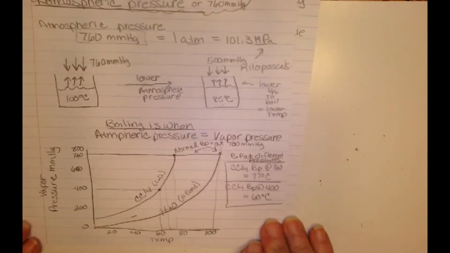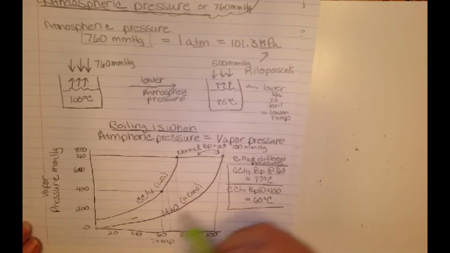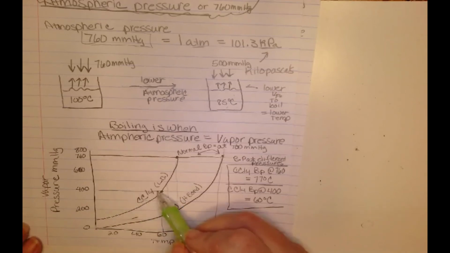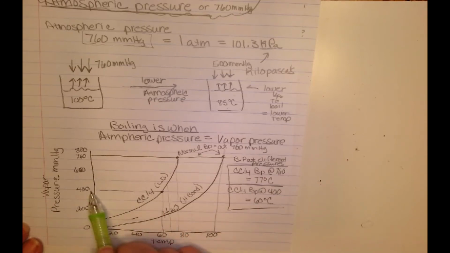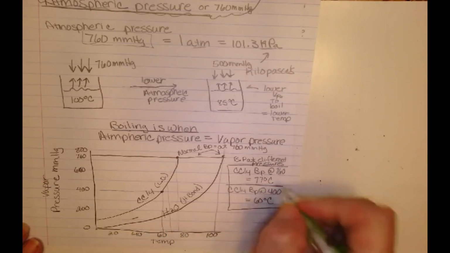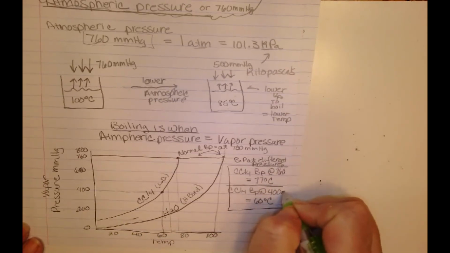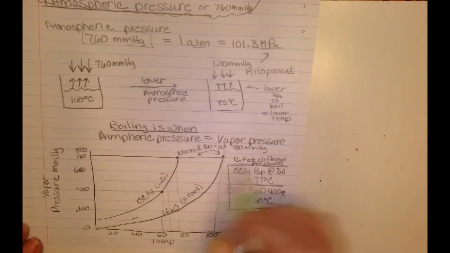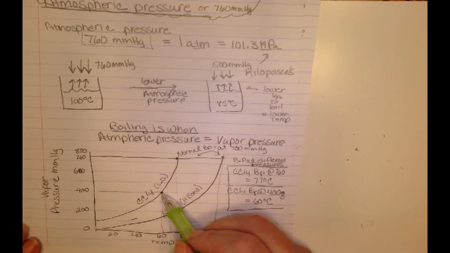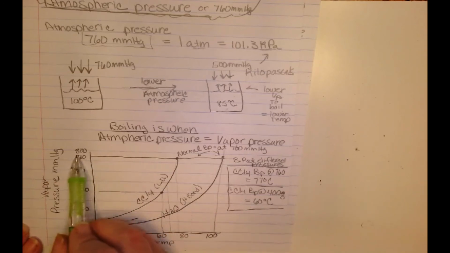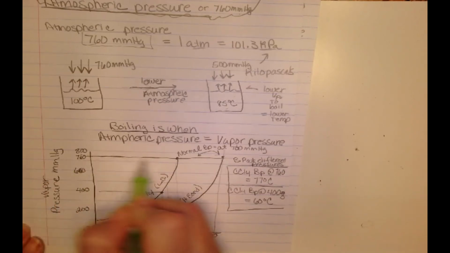Okay, so now if I look at a graph like this, I can find the vapor pressure at different temperatures. Okay, so at 60 degrees, my vapor pressure is about 400 millimeters. Okay, so now if I want to find the normal boiling point of carbon tetrachloride, I figure out this point right here.